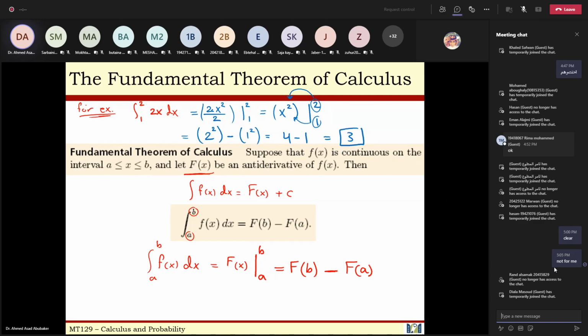Okay, this is the final answer. In this fundamental theorem of calculus, or definite integration, we must find the integral. After that, substitute in this result the two values: upper minus lower. Okay, example about this.